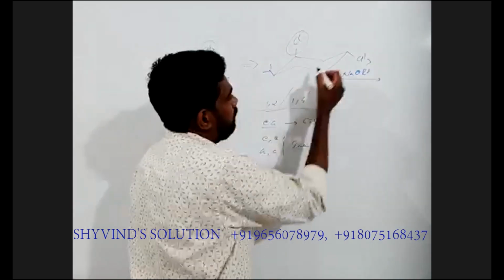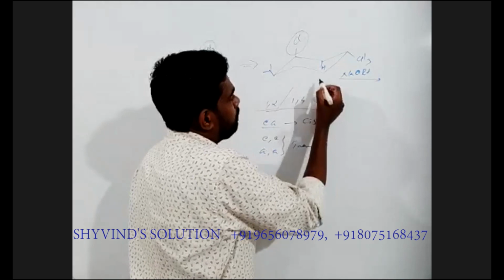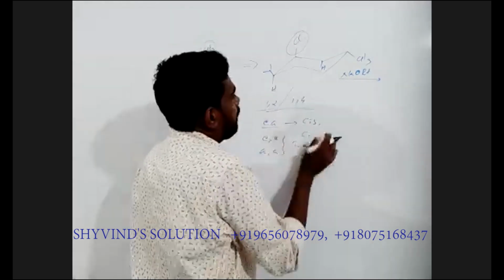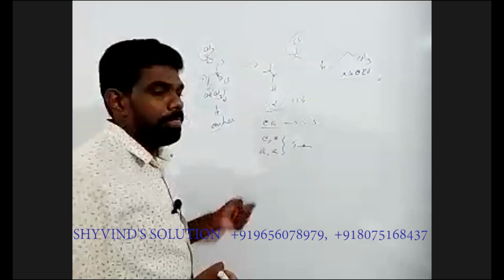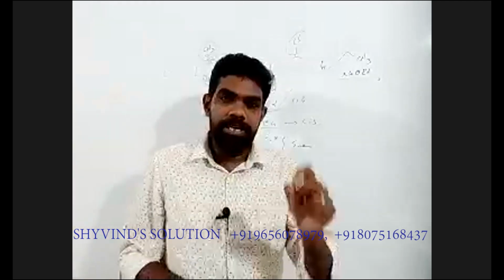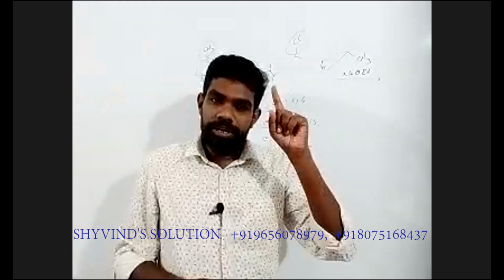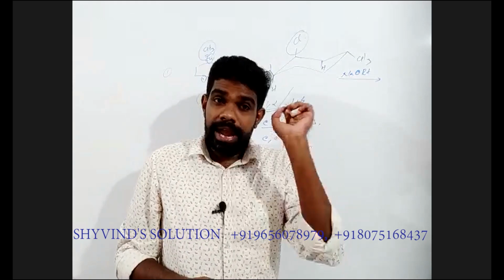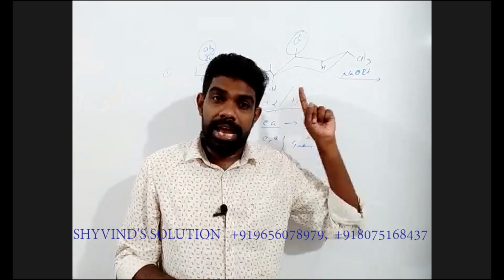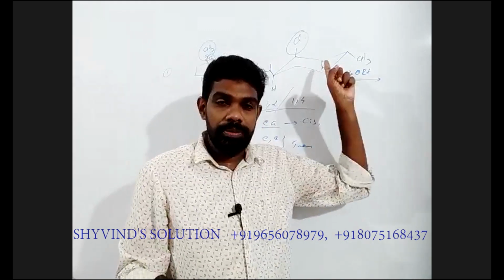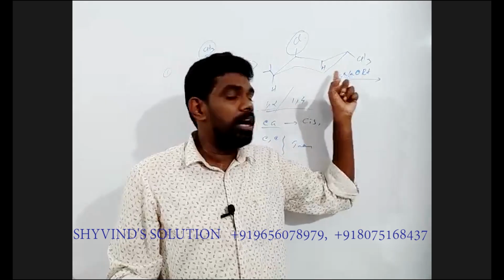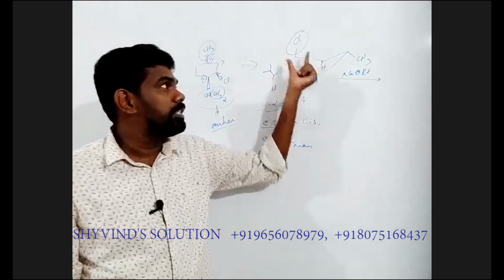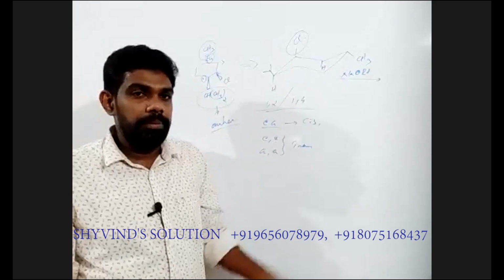This is one leaving group. The next leaving group should be anti-periplanar to it. If we have chlorine at the axial position, then the hydrogens on the nearby carbons, which are at the axial positions, are anti-periplanar to this chlorine.